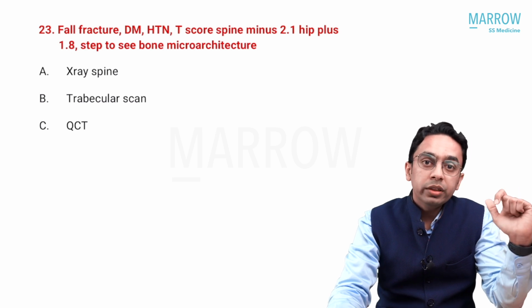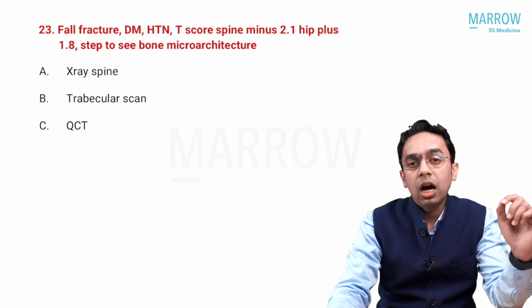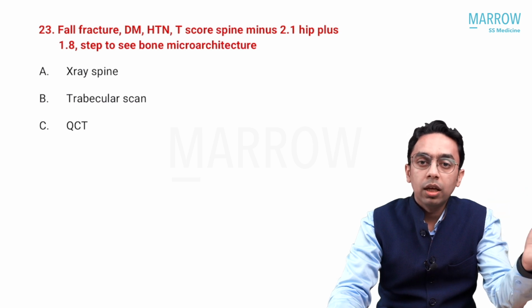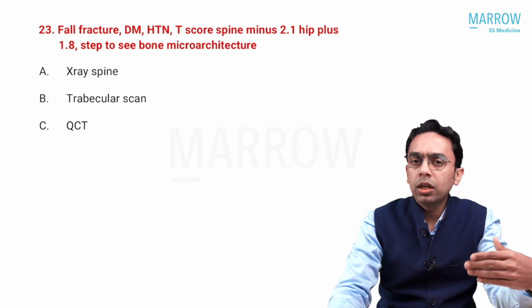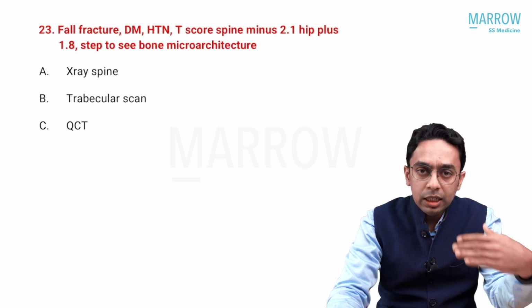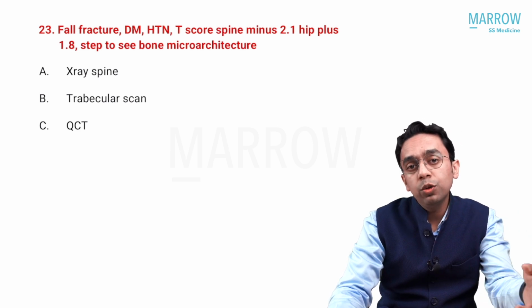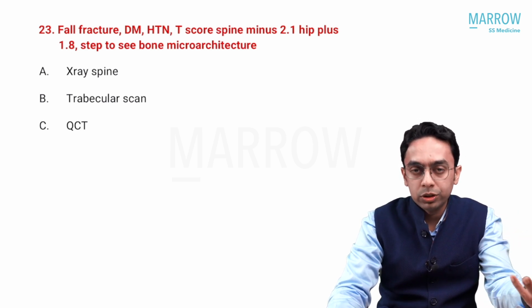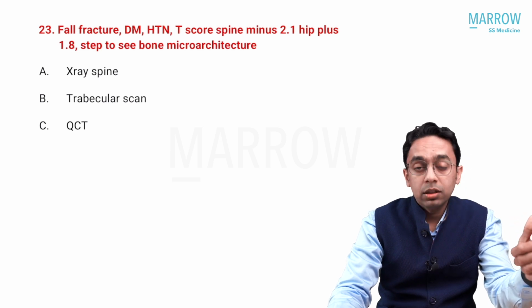A patient who has a fall fracture, that means fracture after trivial trauma. Okay, actually by guideline, even if you don't get a BMD, you can start the treatment, but we need BMD for follow-up, to see whether the patient is responding to your treatment or not. Okay, then these patients have diabetes.